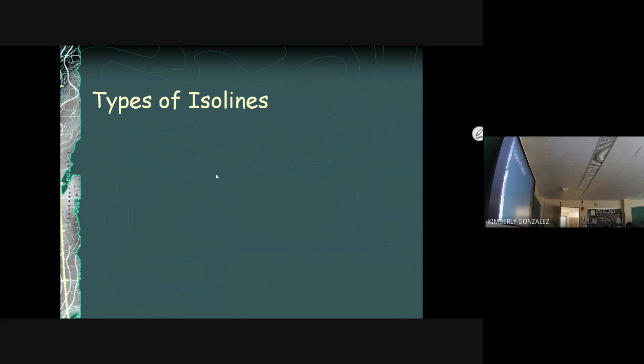Inches of mercury is another value for pressure. The ones that we're going to be dealing with mostly are inches of mercury and millibars, or lowercase m, lowercase b. I'm letting you know that now so that you can see it.